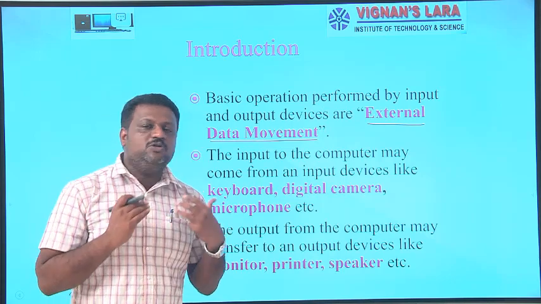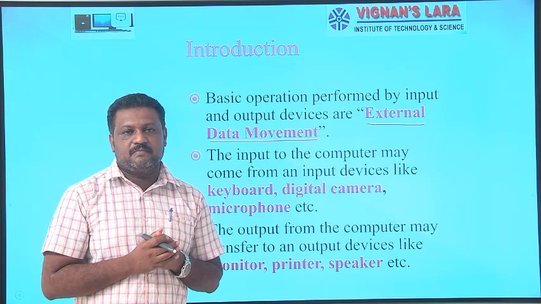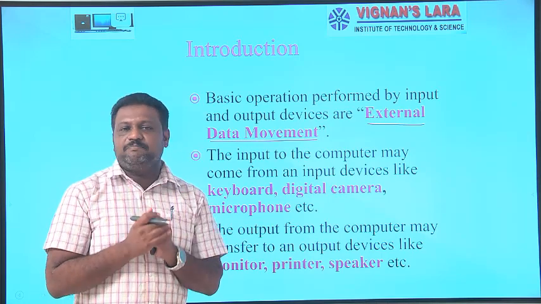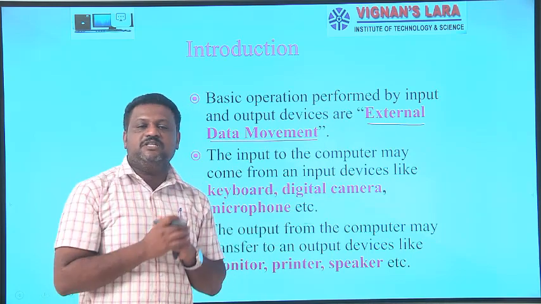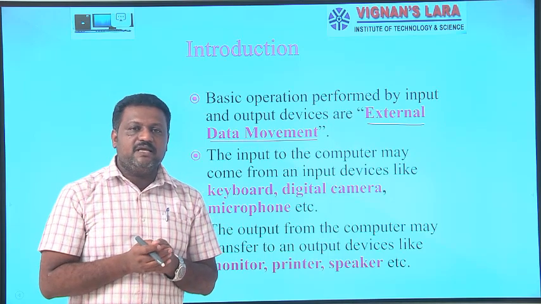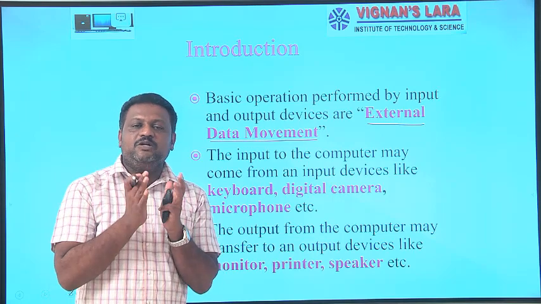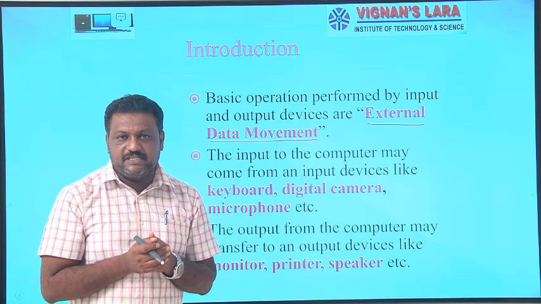So if I want to transfer data to the computer system, because I am a user, if I want to communicate with a computer system, I take the help of input devices. With the help of that, I transfer something to the computer system. Similarly, if I want to take something from a computer system, again I take the help of another type of I/O device, which is an output device.